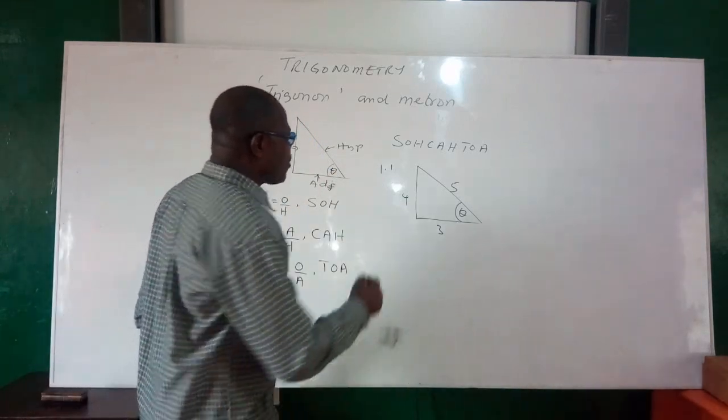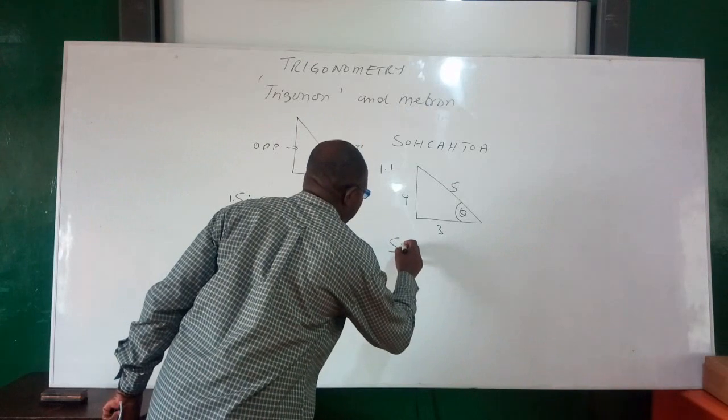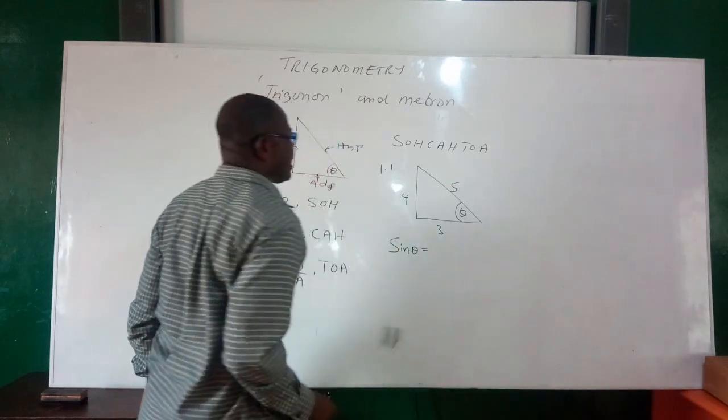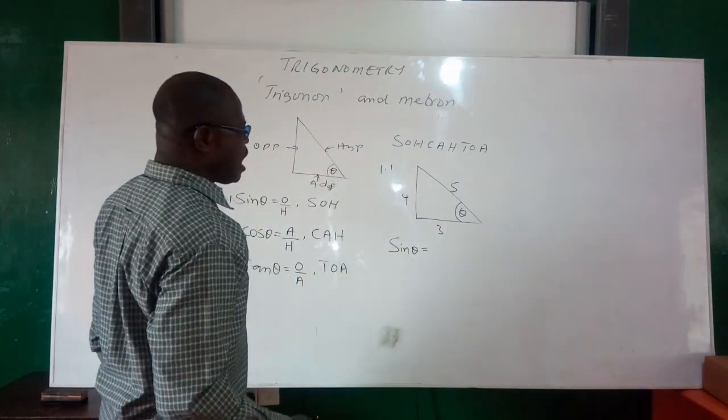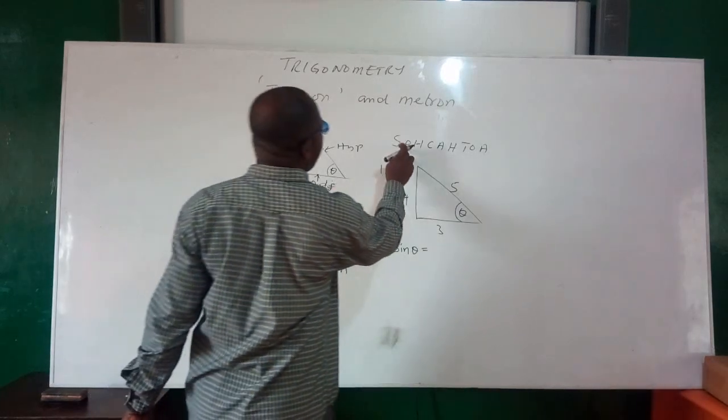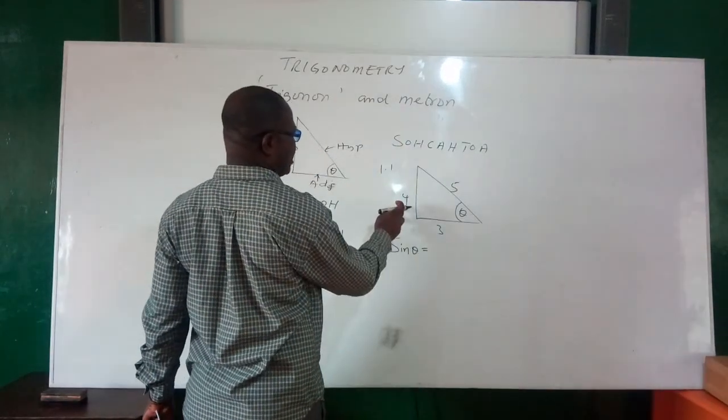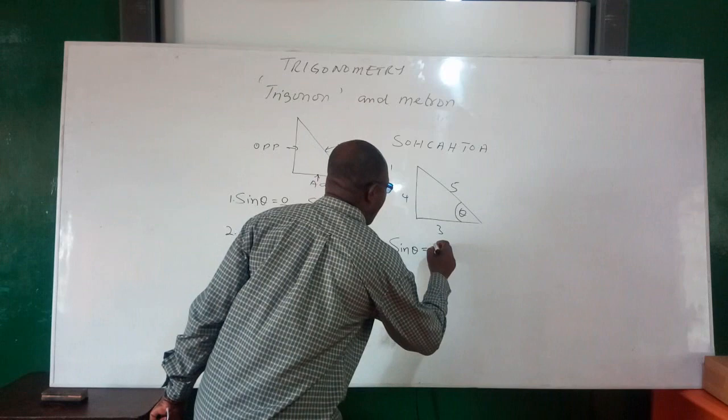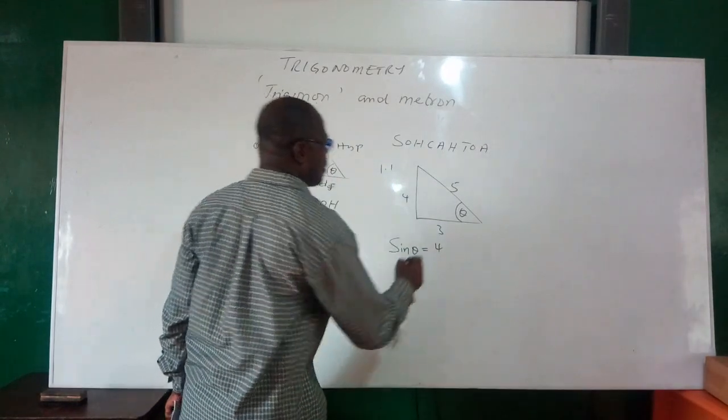Now, if you want to write sine theta, it is opposite over hypotenuse. Opposite is 4, and hypotenuse is 5.